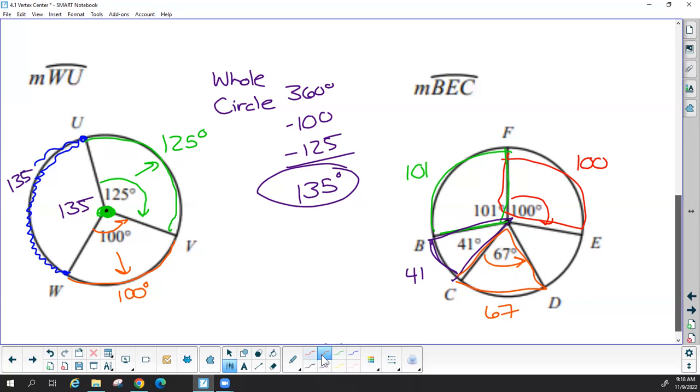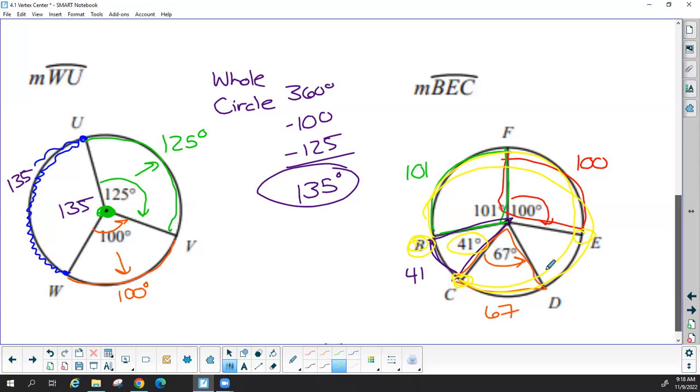And we want to know BEC. That means to start at B, go towards E, and stop at C. So we want to know, how long is this whole big arc? The only thing we're missing here is the purple piece. This arc is almost the whole circle except for the purple piece. I know that this arc is 41 because I use my knowledge of central angles to say that one's got to be the same.